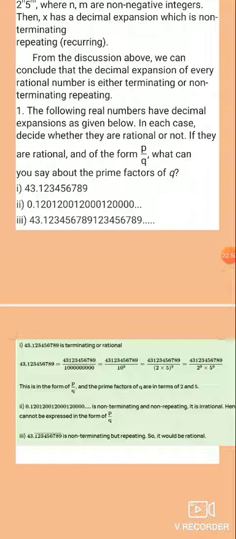Okay, so 123456789 is repeating. So that is also a rational number. And if it is a rational number, what can you say about the denominator? The denominator is not in the powers of 2 and 5. Clear, students? Okay, some other questions also we can work out on the whiteboard. Okay, thank you.